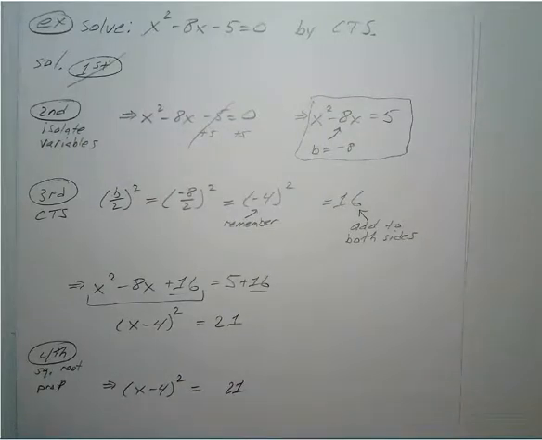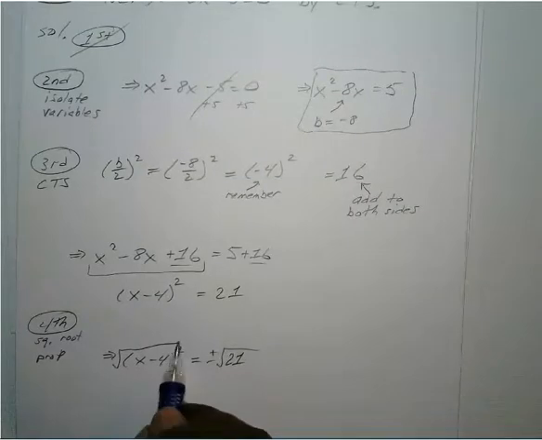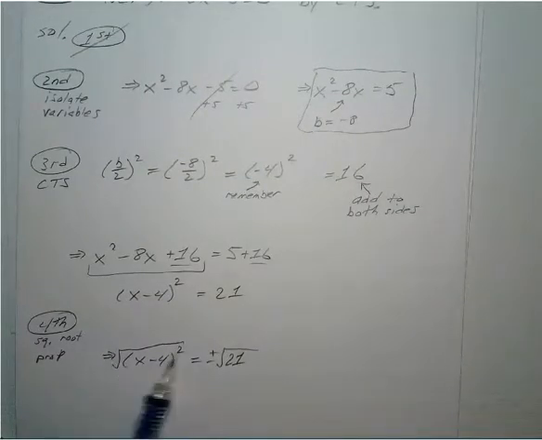Here we go. So we're going to square root both sides. And don't forget your plus or minus sign. Once you square root both sides, the square and the square root will cancel each other out. So that leaves you with x minus 4 equals plus or minus square root of 21.